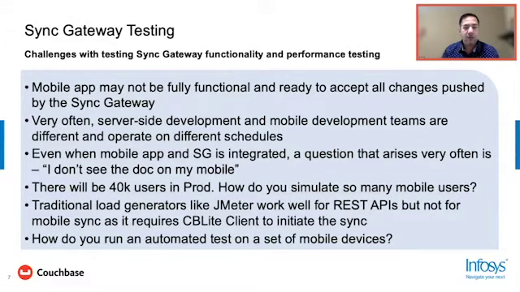Data routing logic, how the sync function gets designed, and all of that, right? So without a real mobile app available for you to start testing, how do you go about making sure that all the rules that you have implemented on Sync Gateway do what they're supposed to do, right? So that's the first challenge that we'll be talking about today, right? How do you test without a mobile app?